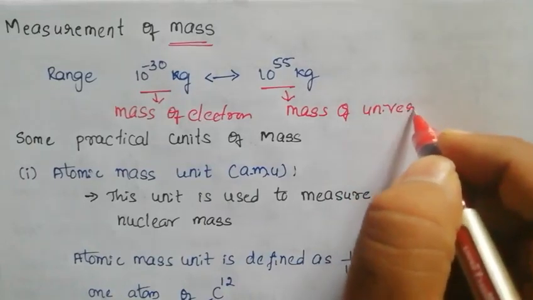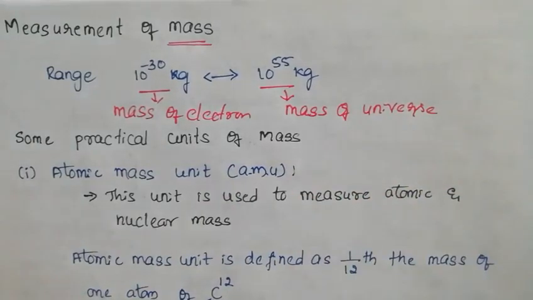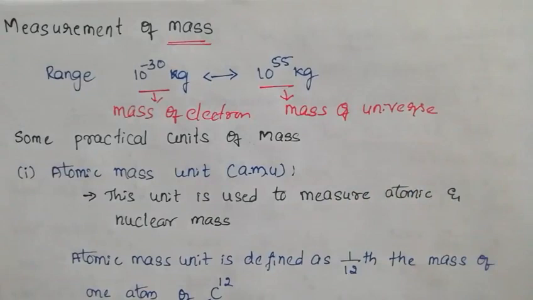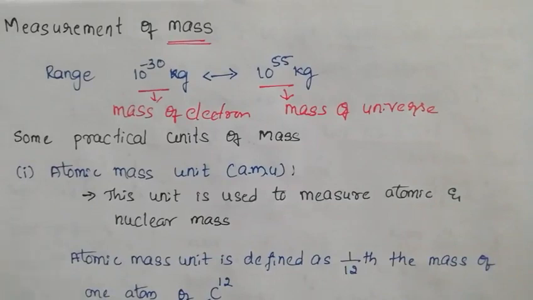So the mass range is from 10 power minus 30 kg, the smallest one, to 10 power 55 kg, the mass of the observable universe. What we see, that much only we are considering here.